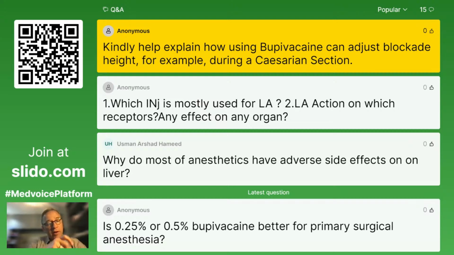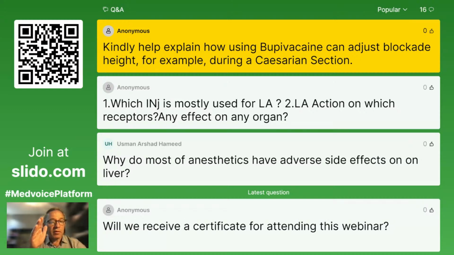Every 3 to 4 minutes we will be assessing how the block spreads. And once the block has reached the desired level, we will put the patient back into the horizontal position, and in 20 minutes it fixes in the tissues and you've achieved the level that you require. That's how it works.